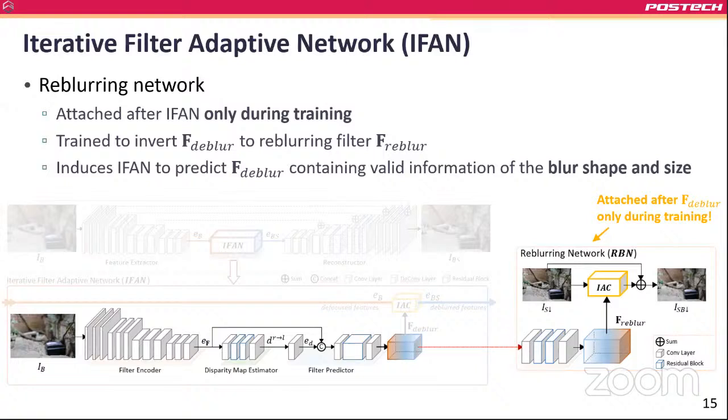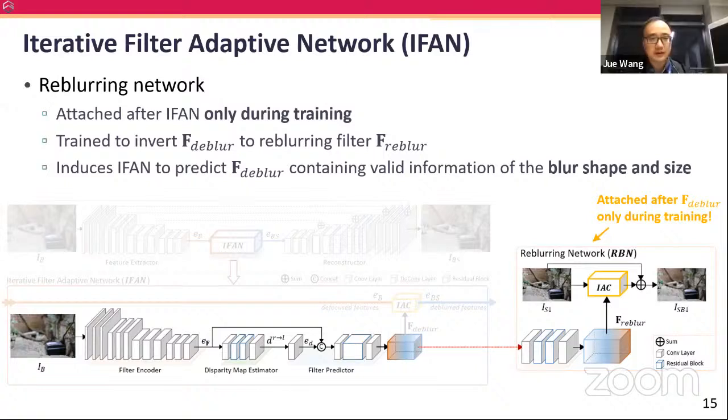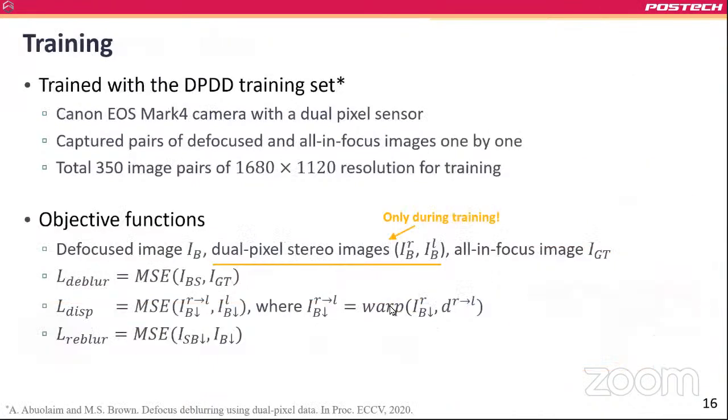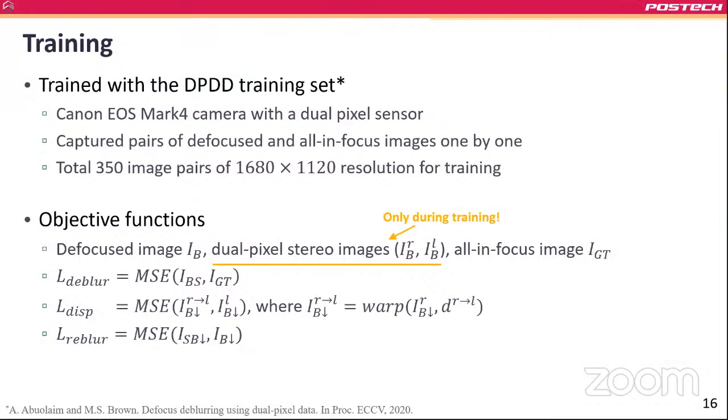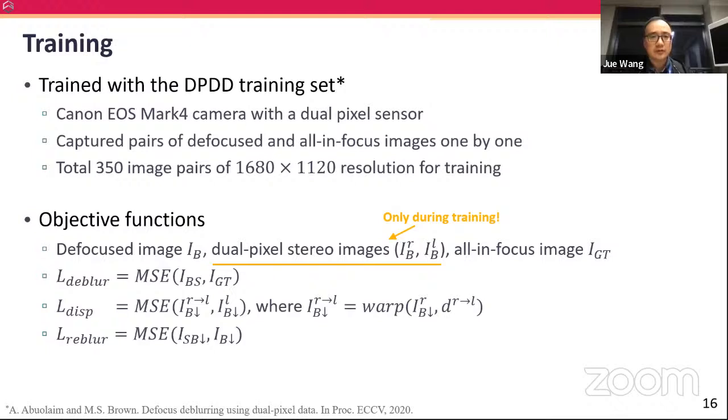Yeah, that's good. So I do have a question here. About the training data, you used dual pixel images, right? Yes. I guess to me, dual pixel images are like stereo pairs with a very small baseline. Yes, exactly. So I was wondering if someone doesn't have a dual pixel camera, can they use a regular stereo pair, a camera setup, to capture images and train the network? Is that going to work?